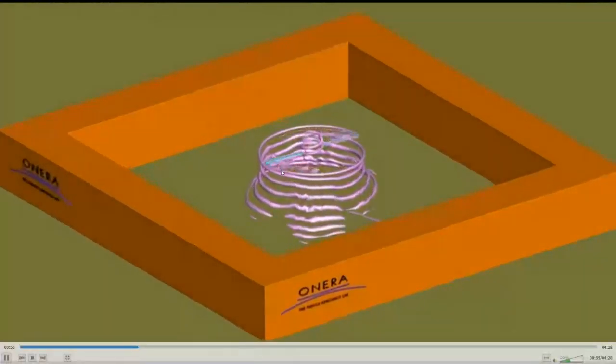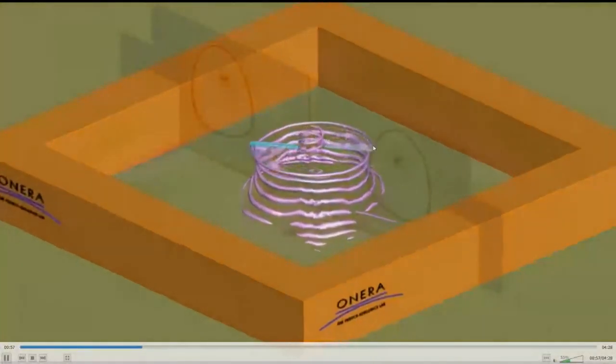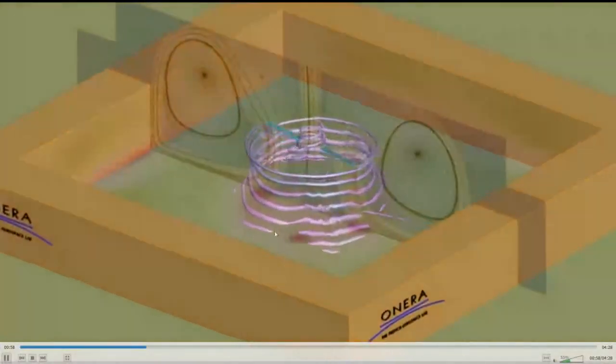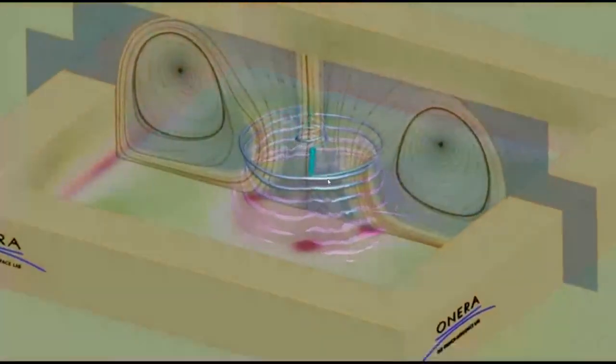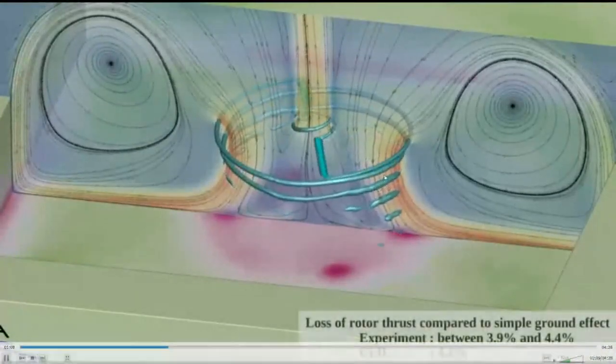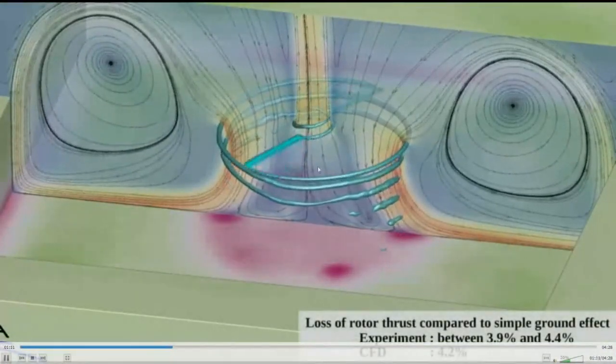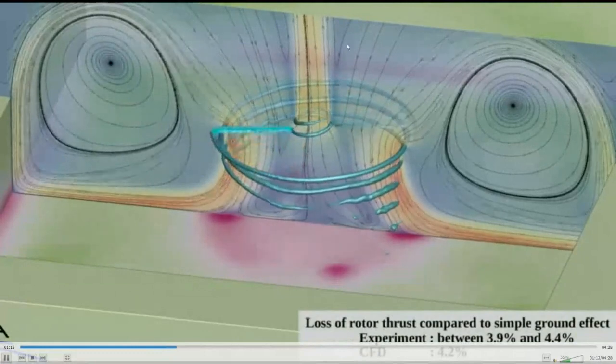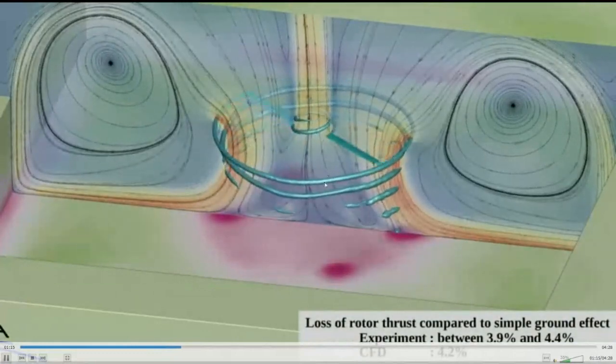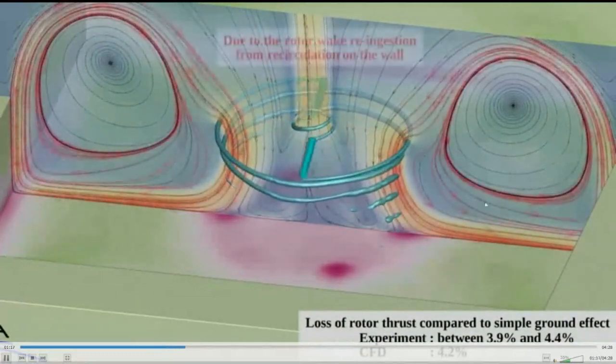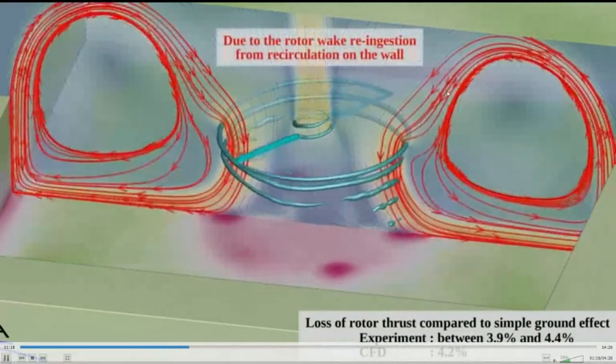So here you can see only the tip effect. Okay, so throughout the span, the effect will be like a vortex sheet, right? So you can see over here how the flow is going to behave, right? Since there is less ground distance, the wake will be formed and it will be coming back to the rotor.